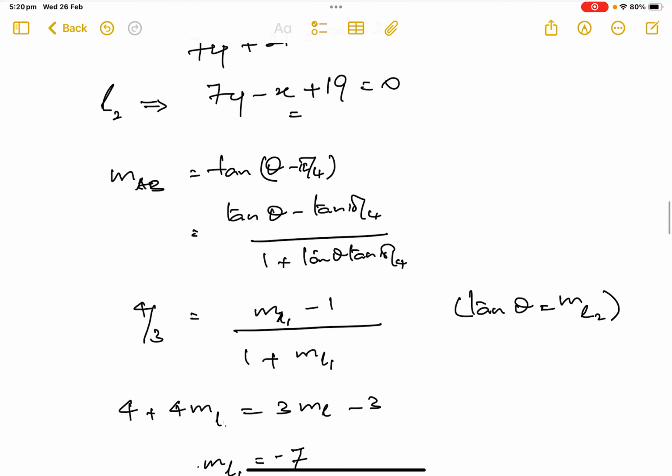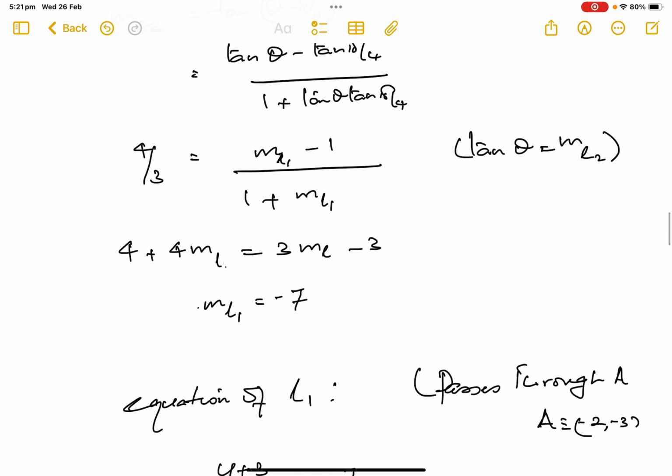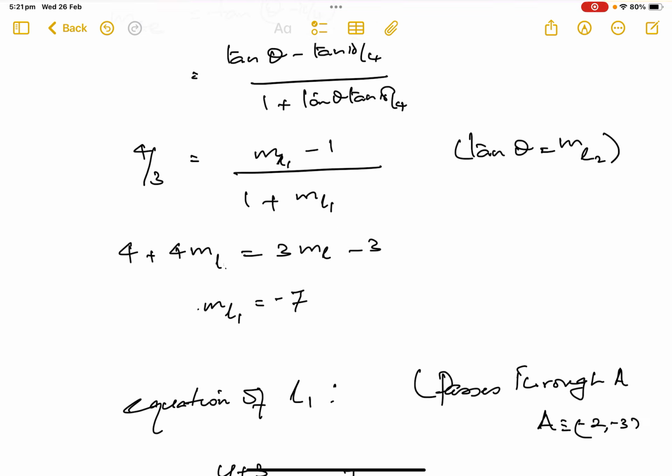And ML1 this time, because of the angle theta, is the line L1 makes with the x-axis. So ML1 minus 1 over 1 plus ML1, cross multiplication, 4 plus 4 ML1 equals 3 ML1 minus 3. So from that, ML1 is minus 7.